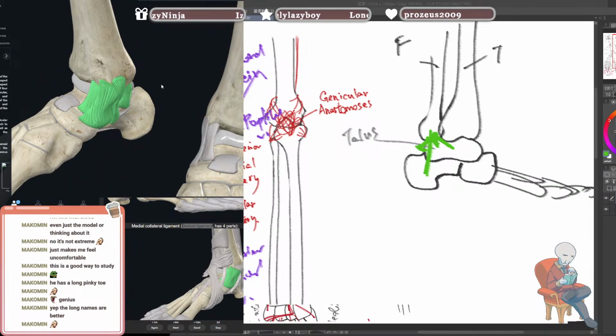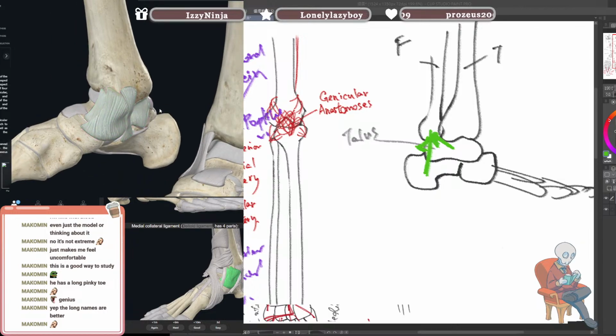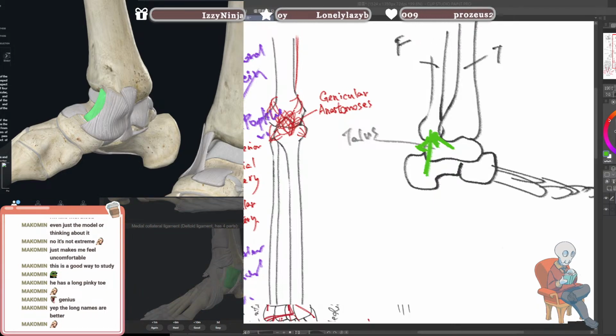Okay, this has 4 big parts. I'm gonna write it down now, actually. It includes the anterior tibiotalar, so it sticks to the tibia and the talus.